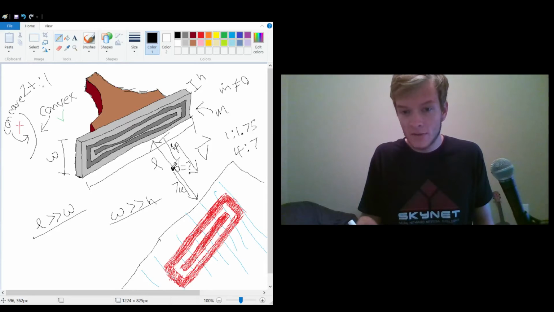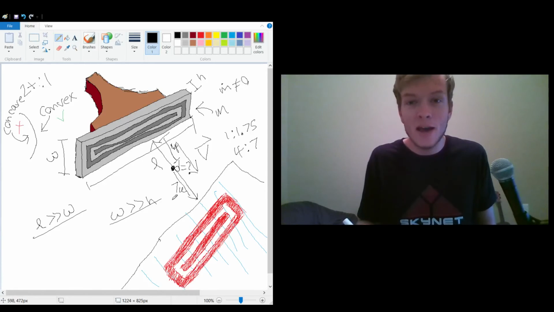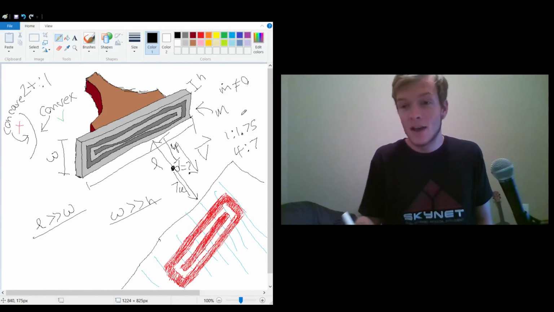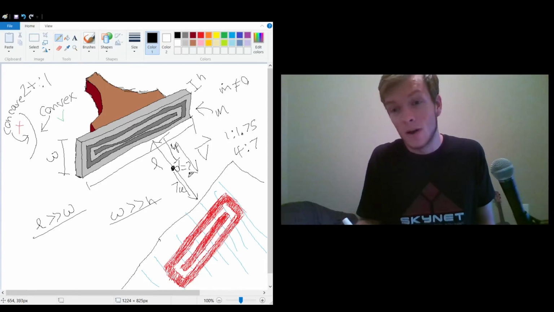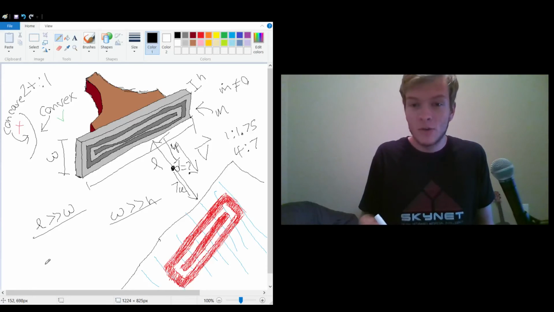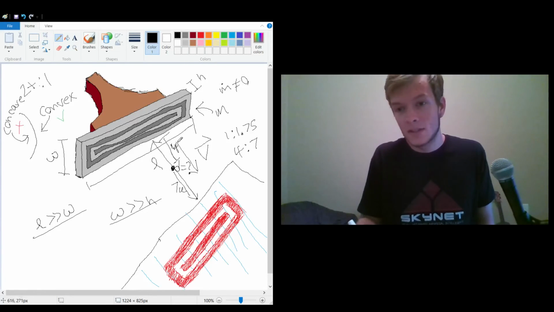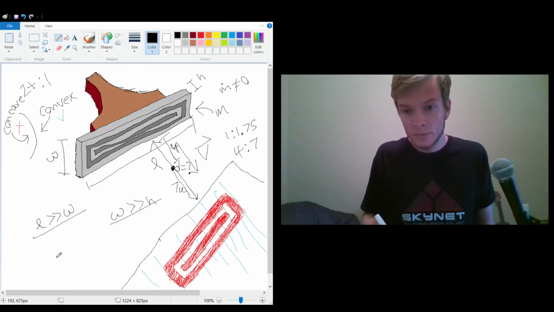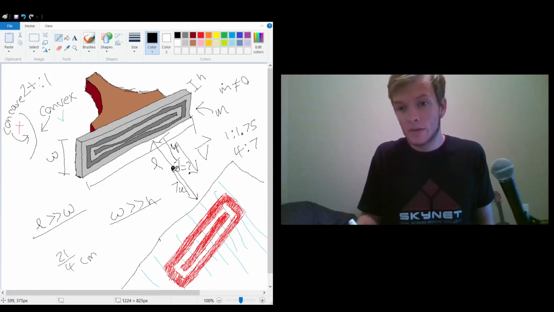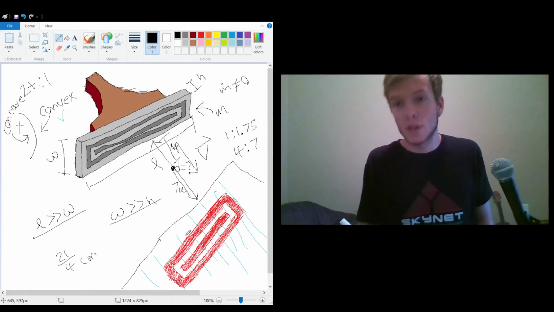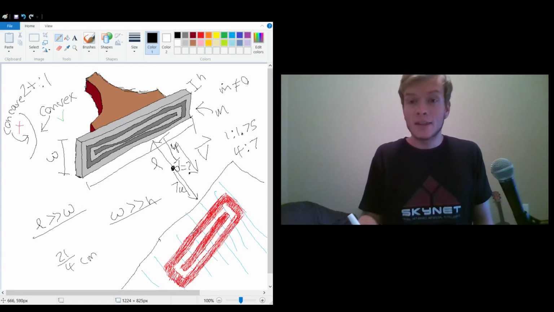Here is 596, 363, and here is 685, 476. So if anyone wants to do the math based off of the size of a pixel, be my guest. I do not, so I am going to approximate this to be about 3 centimeters. So that would be, if this is 4, then this would be 21 over 4 centimeters away from this point in a straight line.